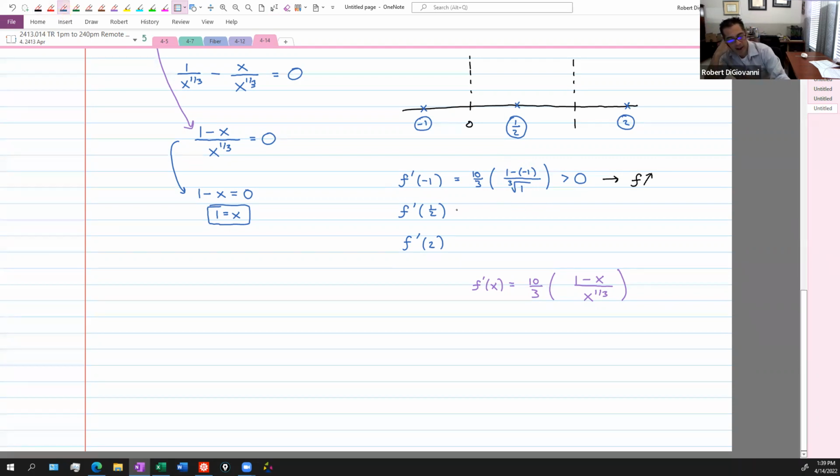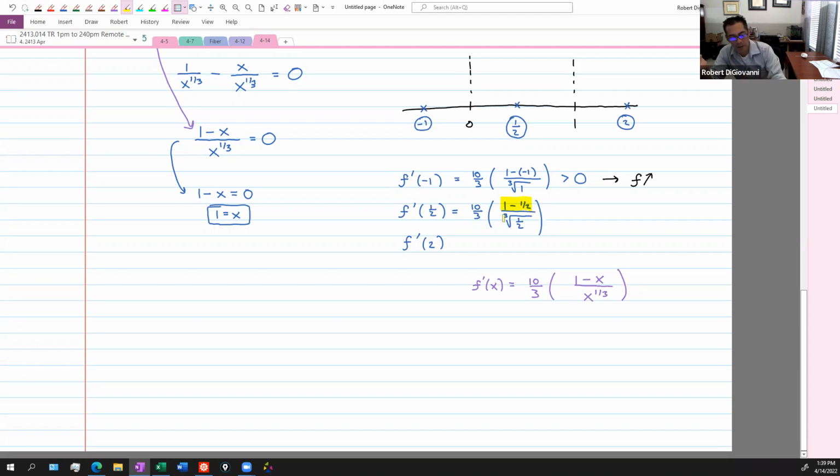Now we got to plug in a half. Okay, the half might be a little harder. 10/3. Okay, 1 minus a half over the cube root of a half. So what about this? 1 minus a half, positive or negative? Positive, right?